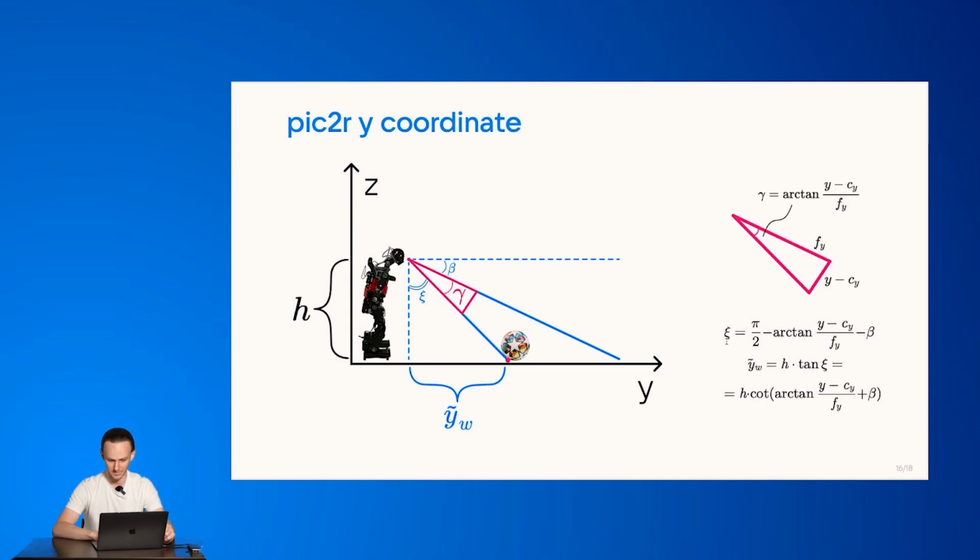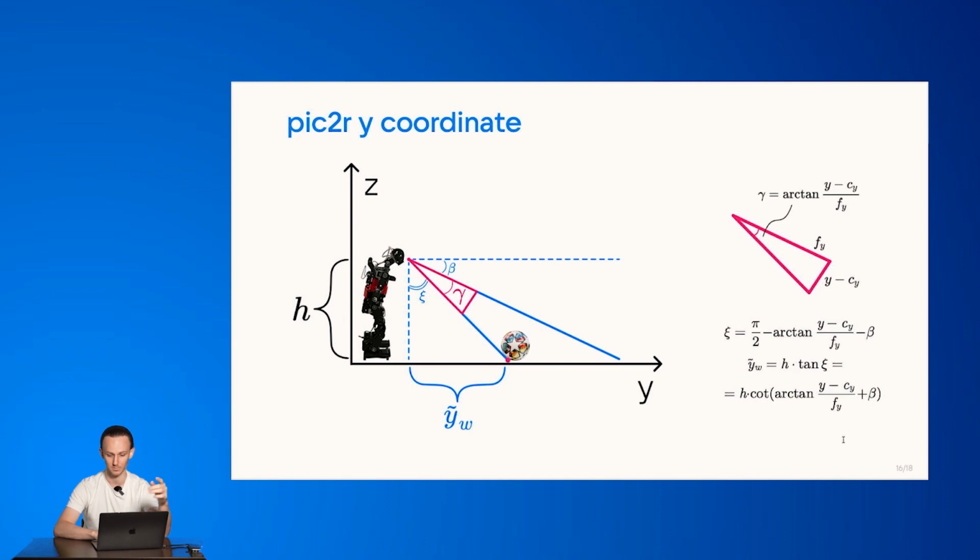After that, there is nothing that complex, so we're calculating the xi angle. It's pi over 2 minus those two angles that you can see in the scheme. And then we are calculating the y sub w by multiplying the height of the robot by the tangent of xi.